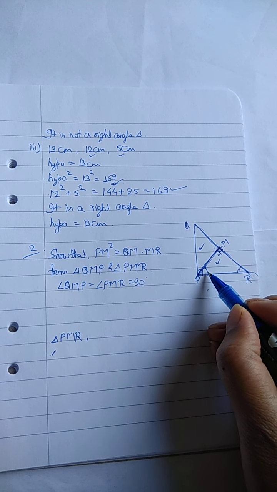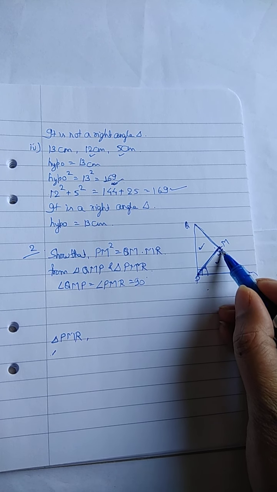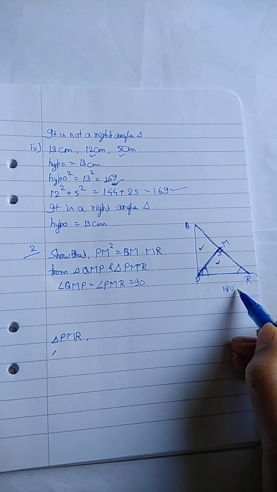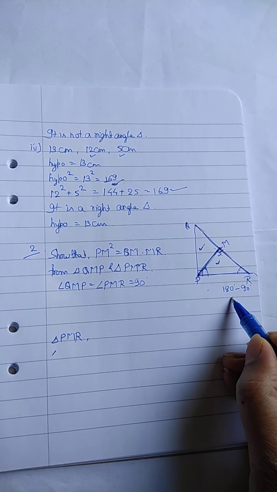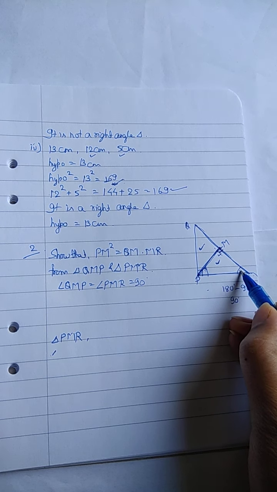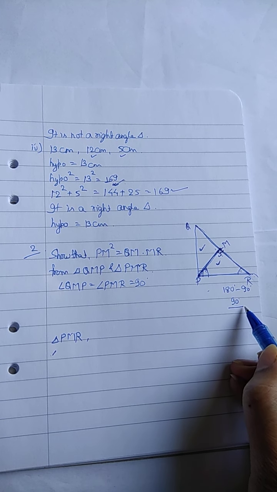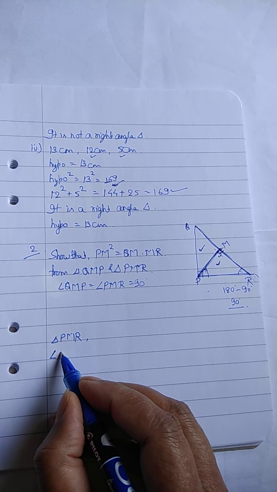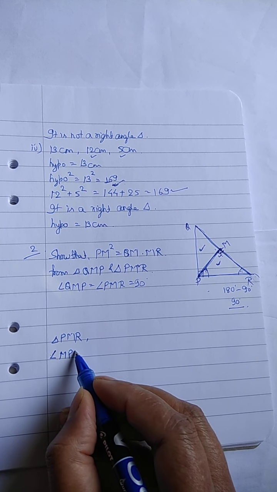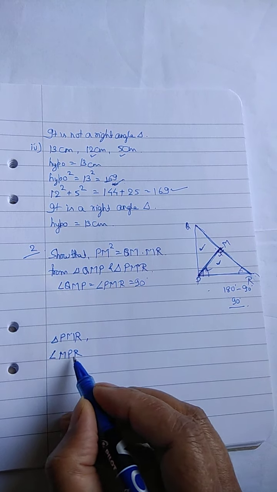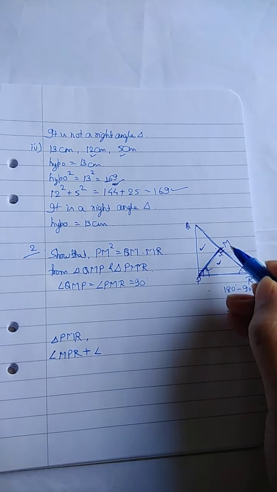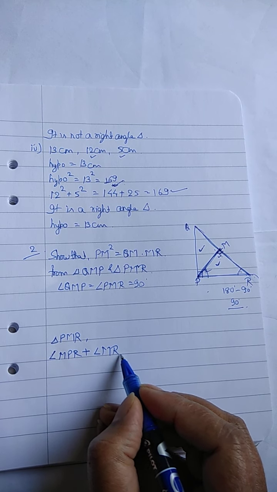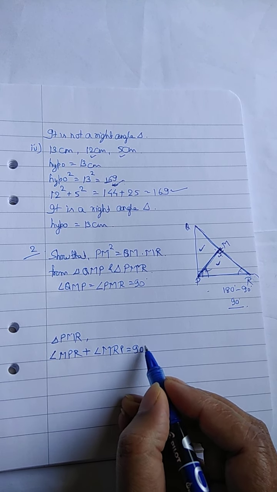As we know, the sum of these three angles equals to 180 degree and one is already 90 degree, so the sum of the other two angles is 90 degree, correct? So we can say that angle MPR plus angle MRP equals to 90 degree, right?